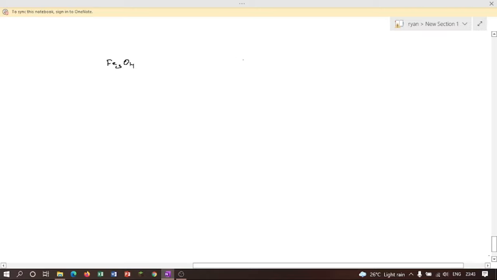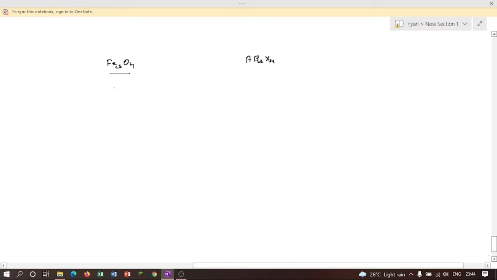The general formula of the spinel is AB2X4. X can be anything like oxide, sulfide, fluoride, selenide, etc. Fe3O4 does not look like that, but you can convert it into the general formula.